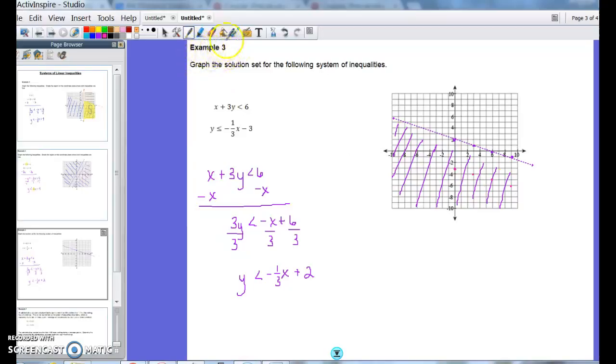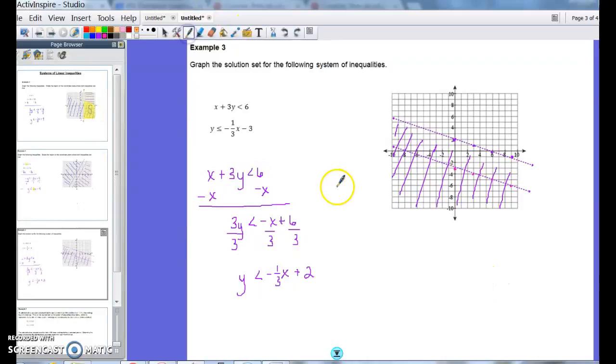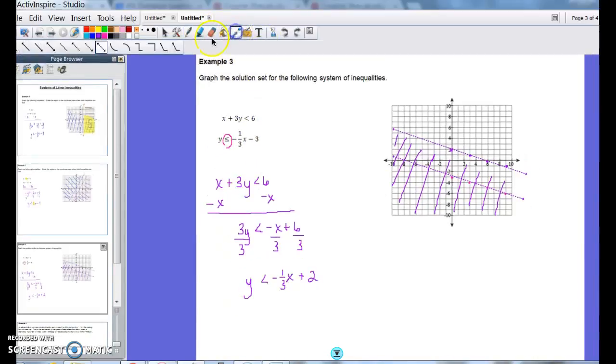And when I put my line in there, there's my other line. And it says y is, oh, back up. That actually should be a solid line because that's less than or equal to. My mistake, so let me redo that. So that should be a solid line. Right there, that should be a solid line.